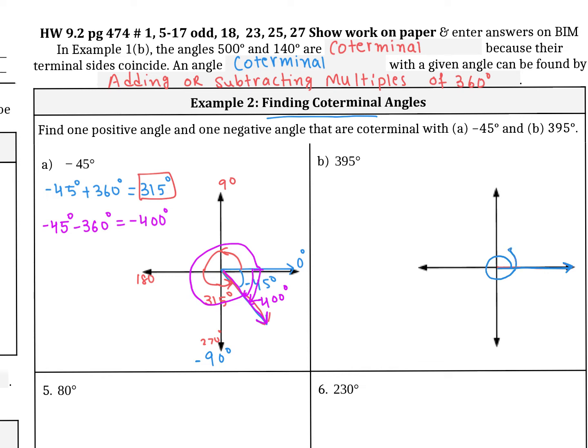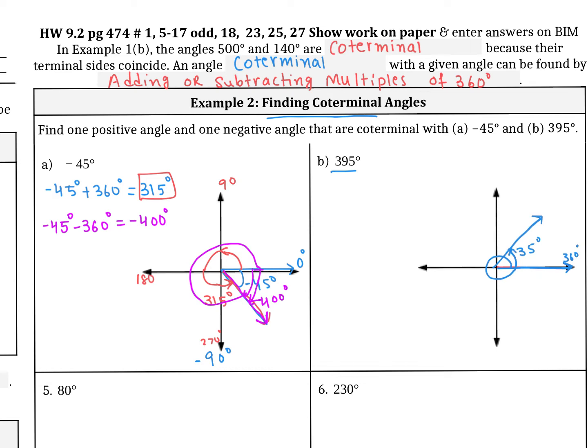So this is your 35 degree, and that's a 395 angle, because 360 plus 35 is 395.